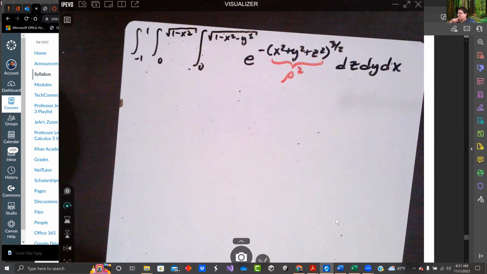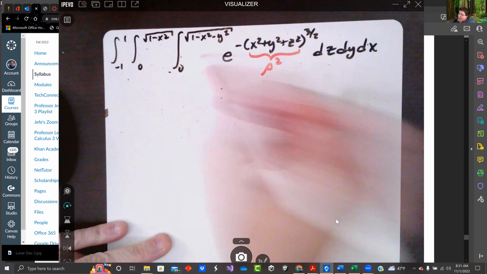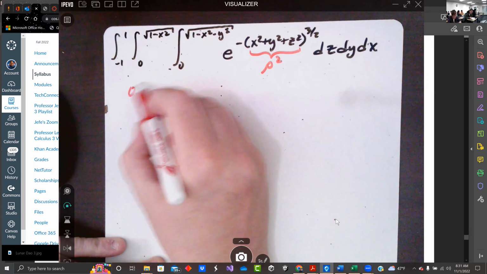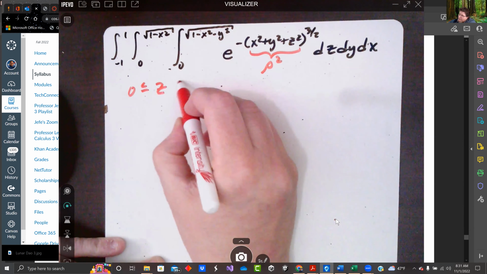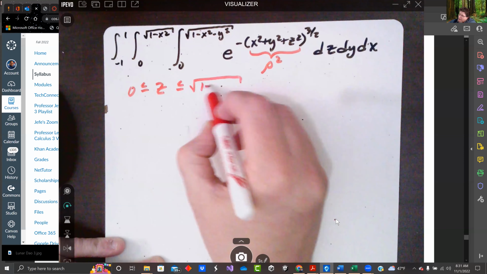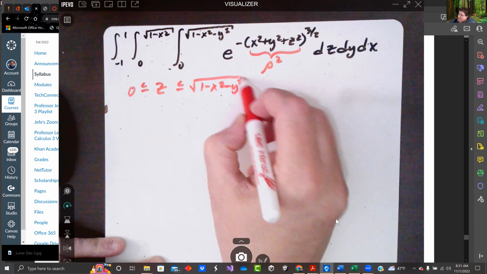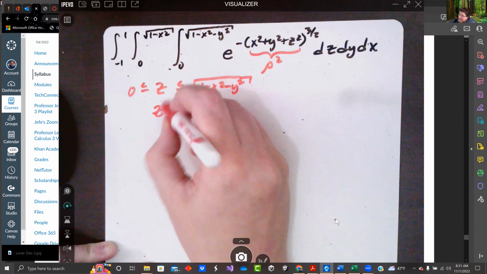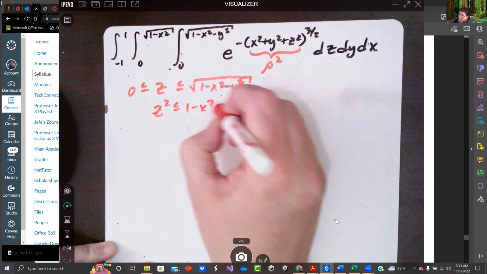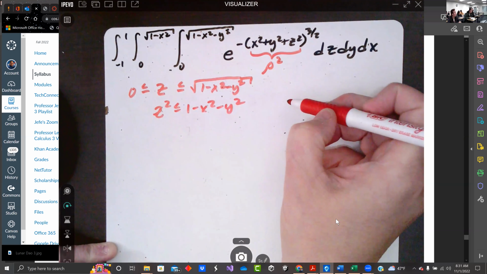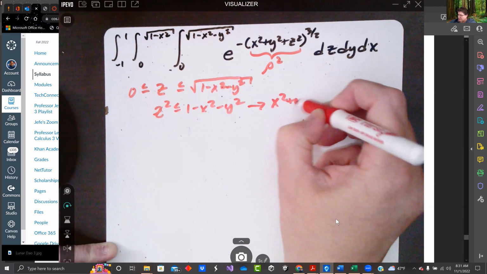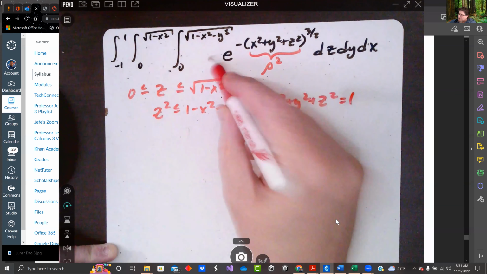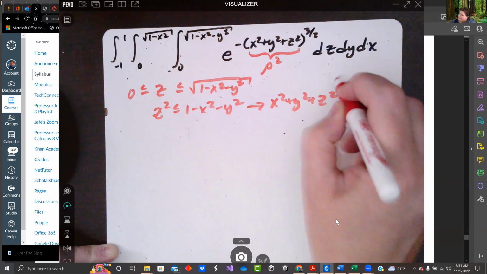But let's take a look at the limits. If 0 is less than or equal to z, less than or equal to the square root of 1 minus x squared minus y squared, this gets me z squared less than or equal to 1 minus x squared minus y squared. So x squared plus y squared plus z squared equals 1. The z limit looks pretty good for spherical.